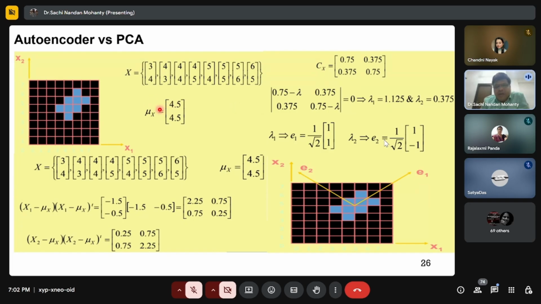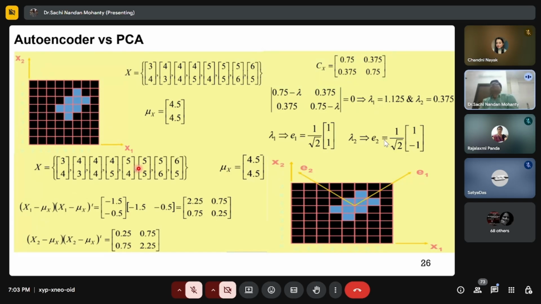After getting the mean of x, we subtract: x1 minus mu x. So 3 minus 4.5 is minus 1.5. 4 minus 4.5 is minus 0.5. So this is x minus mu x, and we convert it into (x minus mu x) transpose.